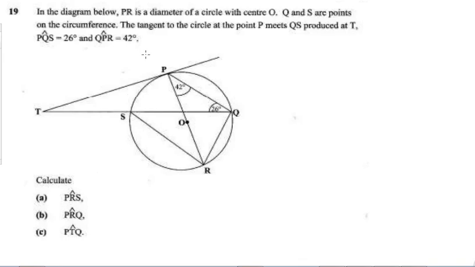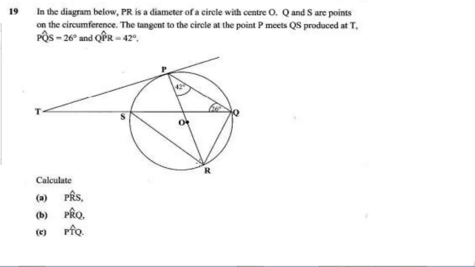We are asked to find PRS. What is angle PRS, grade 12s? You can pause the video and try to work it out. Well, when we look at it, PRS is being produced from the same points as angle PQS. You see that?